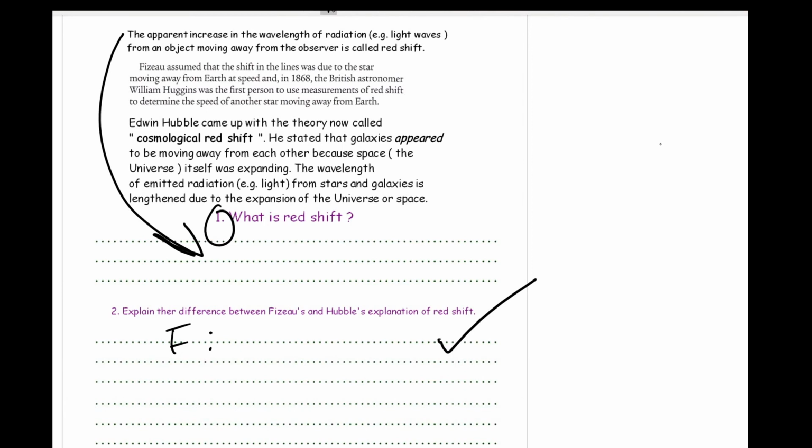Hubble went further, in actual fact. Hubble said, do you know what? These stars and galaxies aren't actually moving away from each other at high speed. It is the space in between them that is expanding. That's why we see redshift.